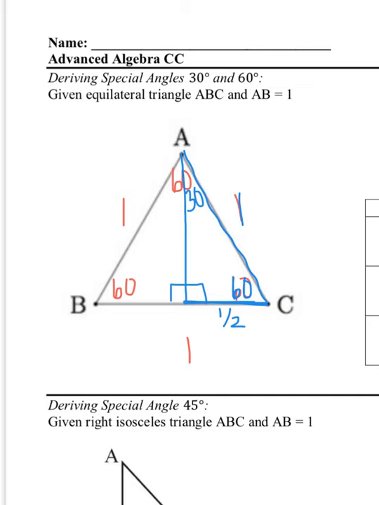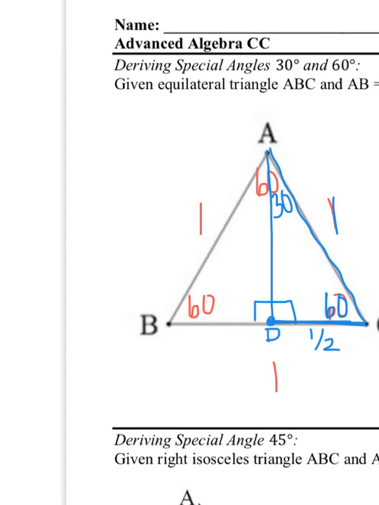Okay. And now the length of, we'll make this point D, I guess. The length of AD, I don't know. You have to actually do some work to find the length of AD. So if you remember back from geometry, the Pythagorean theorem, a squared plus b squared equals c squared, right?